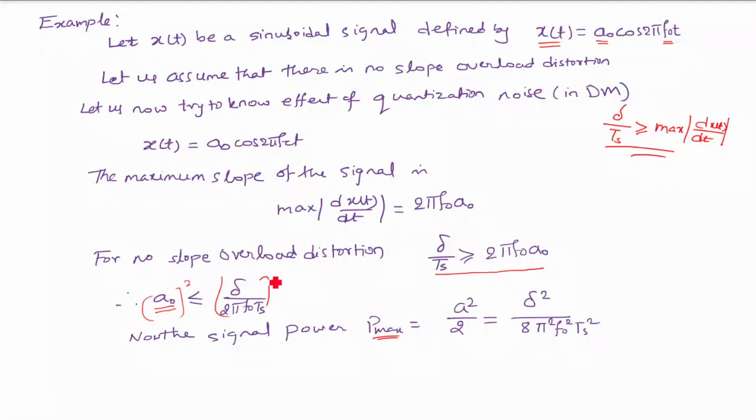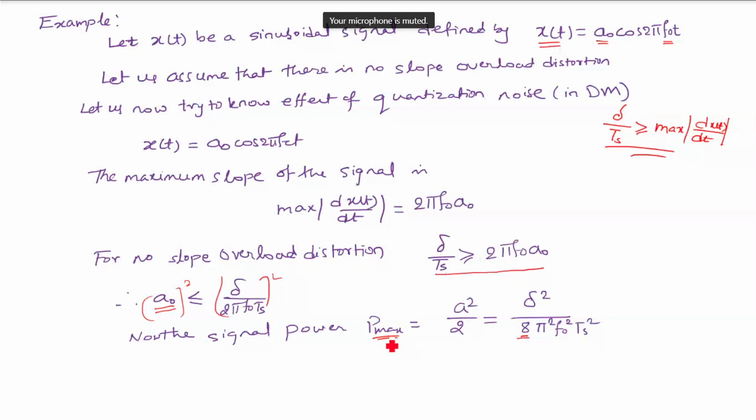If I square here, I'll get delta square by 4 pi square f naught square ts square. This is nothing but a square, and if I divide it by 2, I'll get delta square divided by 8 pi square f naught square into ts square. So this is the right expression for the signal power.